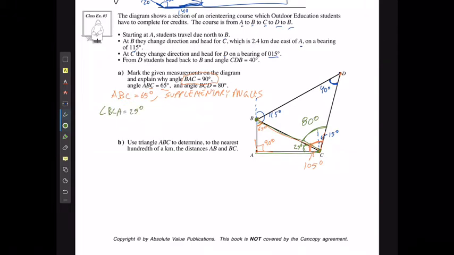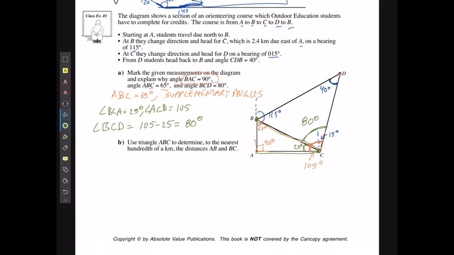Because these three angles have to make up the total 180 for a triangle. If we know that A to C to D is equal to 105, then angle B to C to D is going to be the same as 105 minus 25, which is going to give us that 80 degrees in there.